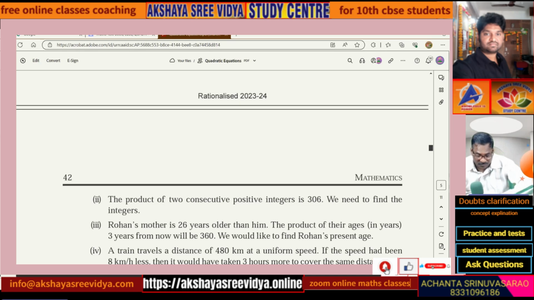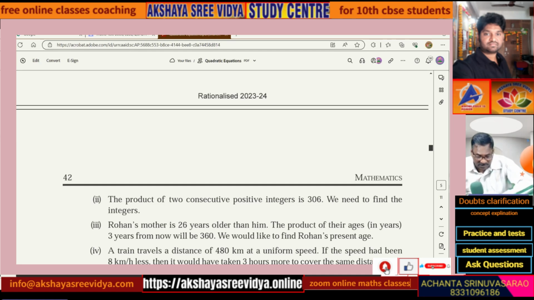The product of their ages after 3 years will be equal to 360. That is x plus 3 into x plus 29 is equal to 360. Therefore, x square plus 29x plus 3x plus 3 into 29, 87, is equal to 360.